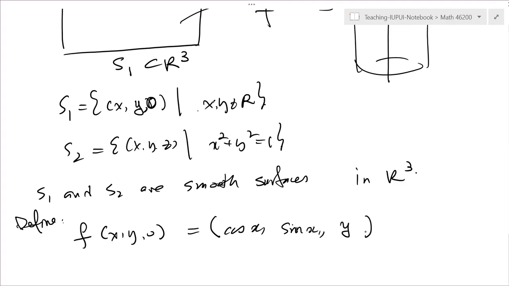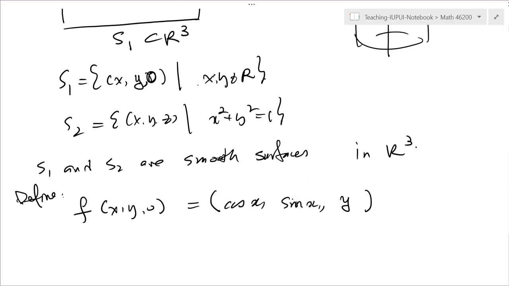And then the third component is what? For example, what I was trying to do is I folded this piece of paper to make a cylinder. So it's clear that this is in S2, right? So it's clear that F is smooth.